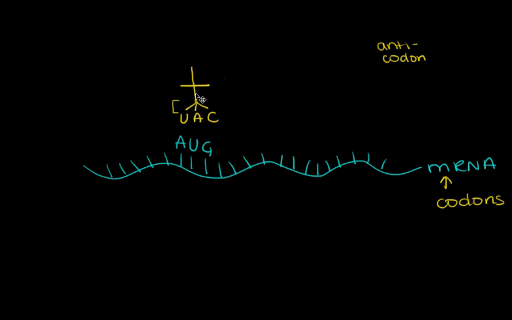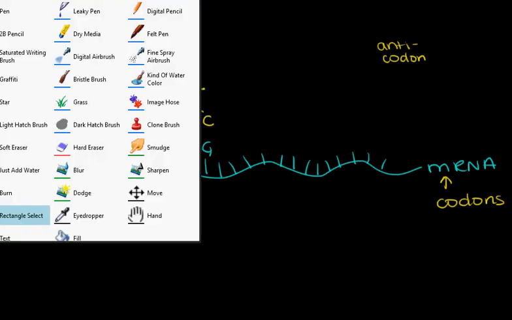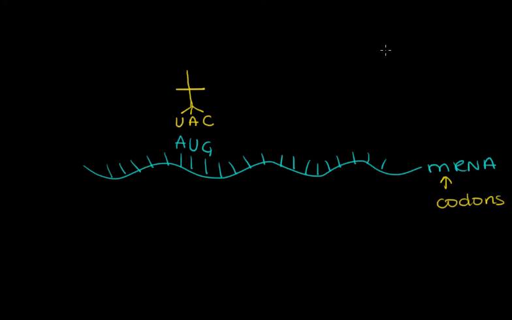So A base pairs with U, U base pairs with A, C base pairs with G. So that's what that's about. So this tRNA is going to base pair with the start codon, and that is the first step of translation. Once this has formed, then the ribosomal RNA and the ribosome can assemble around it.